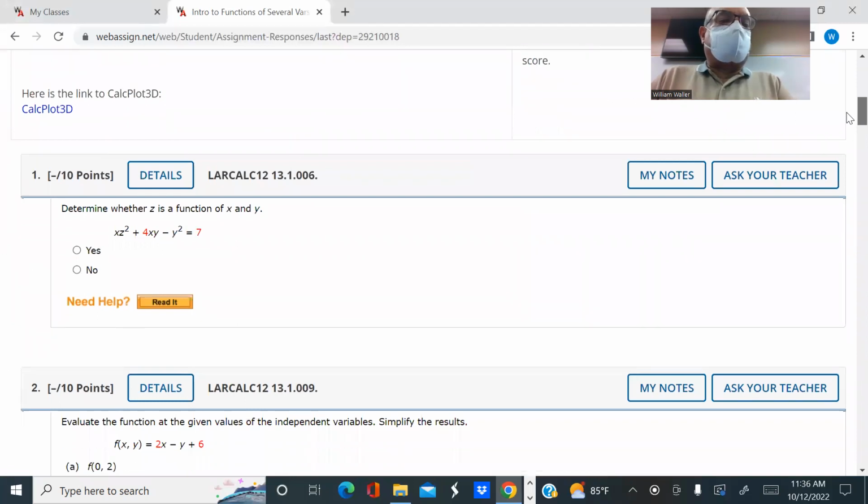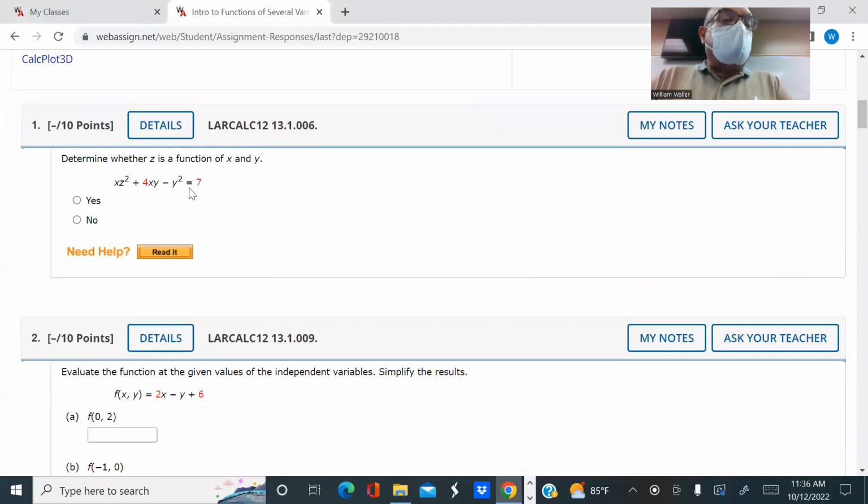So they're giving you an equation, in this case in 3 variables, of course, because we're in 3 dimensions now. And they want to know, is z a function of x and y?